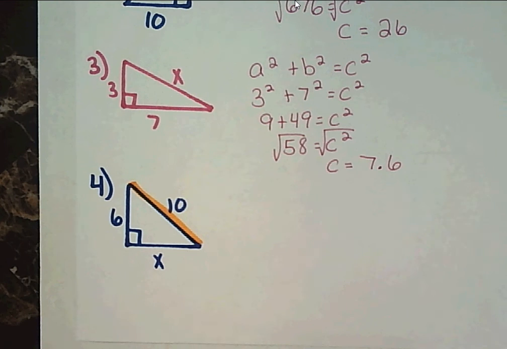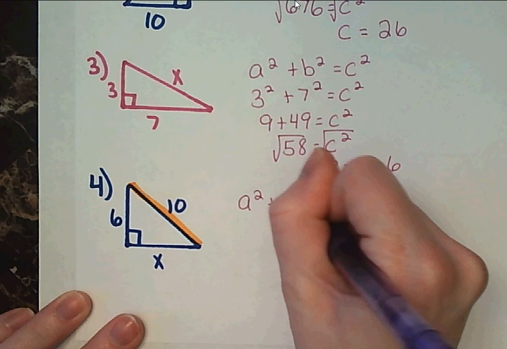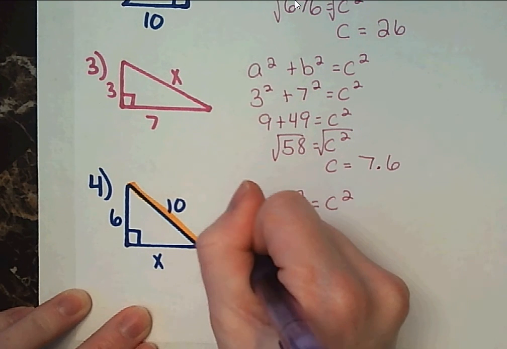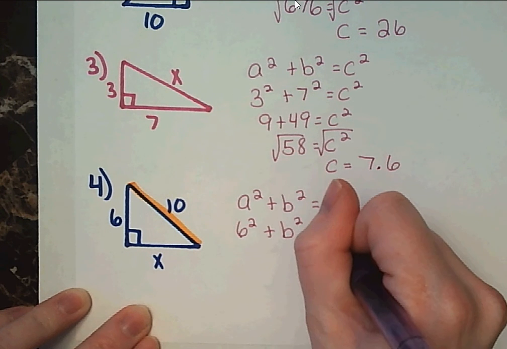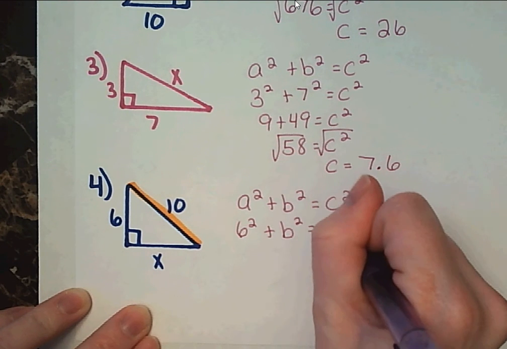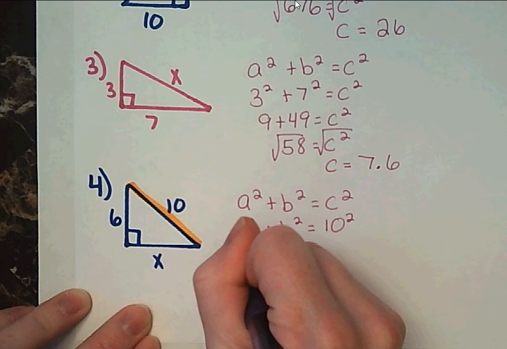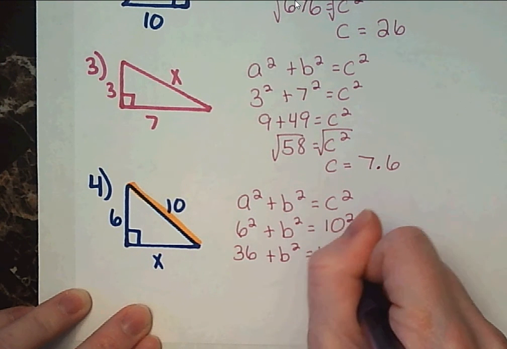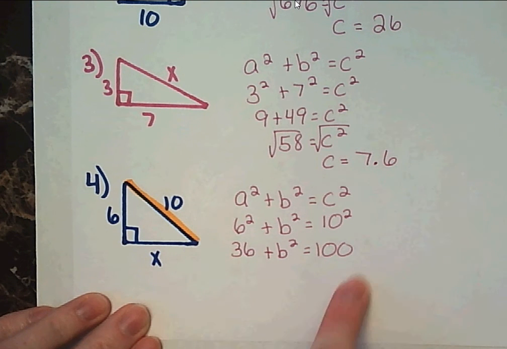It's actually pretty easy. We want to use the formula once again, a squared plus b squared equals c squared. So we have one leg of 6, so we have 6 squared. We don't know what b squared is yet, but we know that the hypotenuse would be 10 squared. And we can solve for our variable once again. So we have 36 plus b squared equals 100. Then we want to get b squared by itself, so we want to move everything to the other side again.